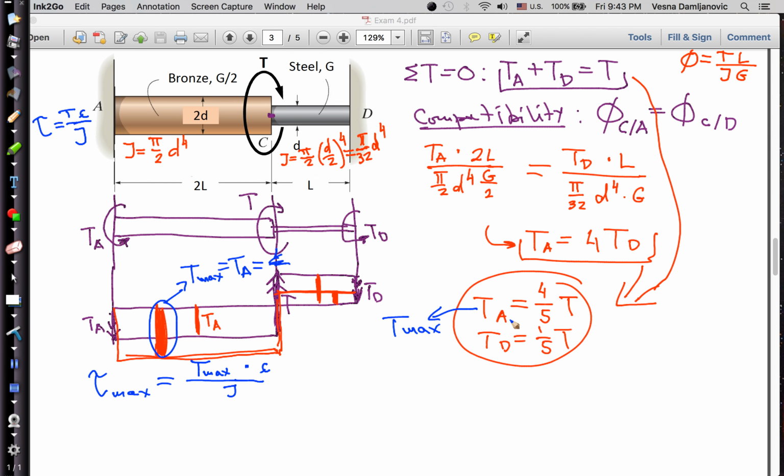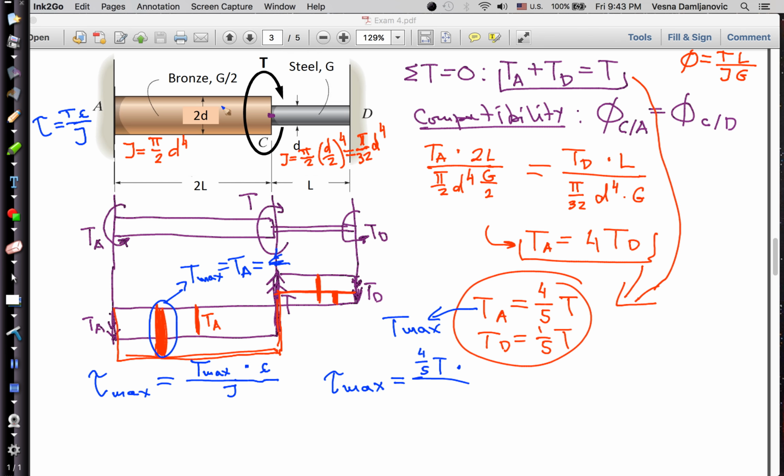And because that's at the section AC, at this fat section, the bronze, then I'm going to just use everything for that section. So now we have tau max, and that's why I'm not writing in line, I'm just writing another tau max, is equal to, and now I'm substituting. T max is our TA, which is 4/5 of T.